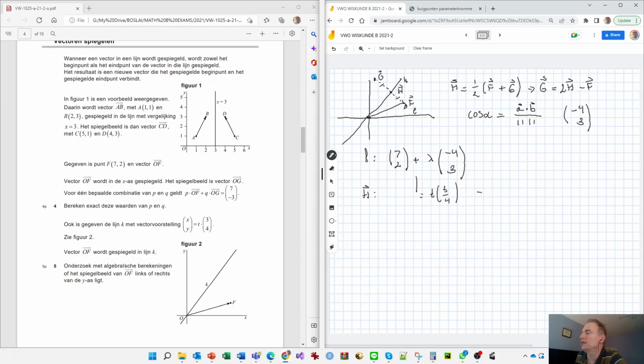So I get 7 minus 4 lambda is 3t. 2 plus 3 lambda is 4t. And I can eliminate lambda and substitute t to find what H is.